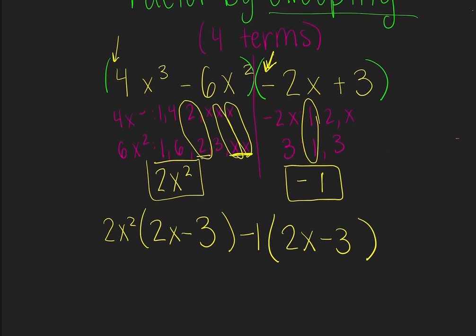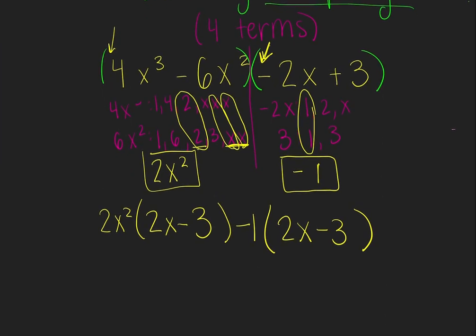Now you're going to pause, and you're going to double check that these parentheses are the same. If they're the same, you did it correctly, and you can move on. If they are not the same, you either did something wrong or you're not able to use this method for factoring. So since they're the same, let's write our final answer.